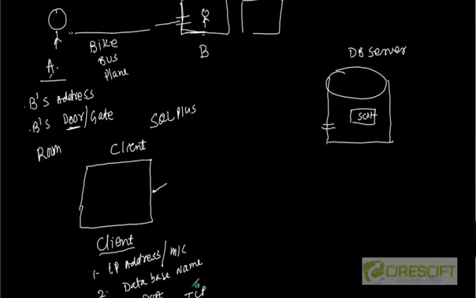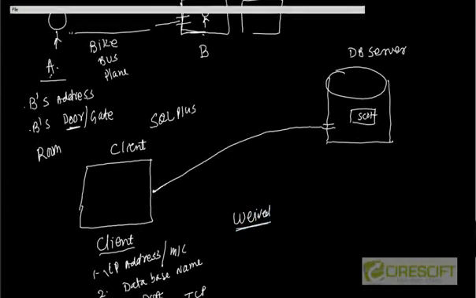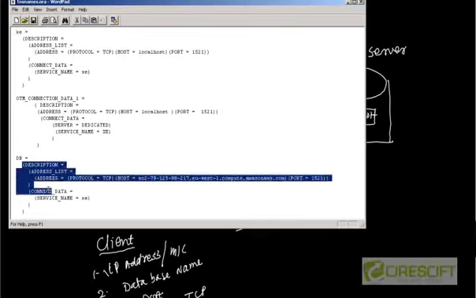Once this is known, we need to feed all this information in a particular manner so that we can connect here, and that particular manner is a very weird string. I'm going to show you one of them. It's a very weird string, and it's going to look like this.